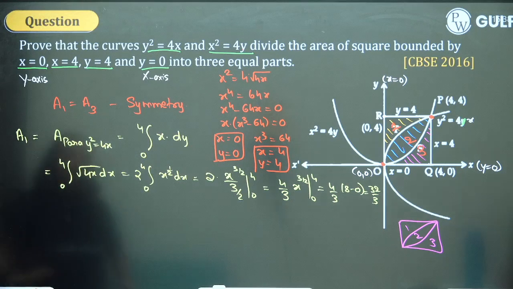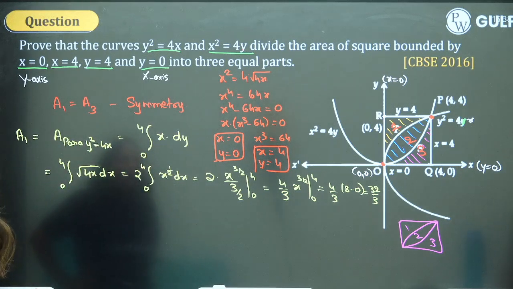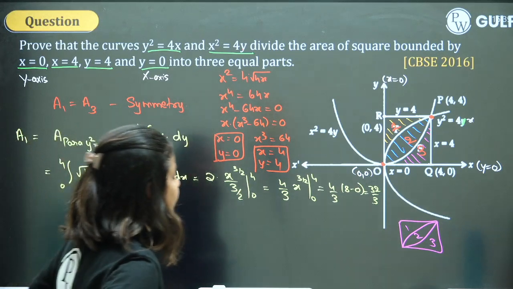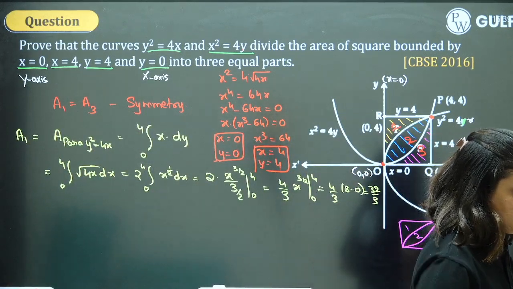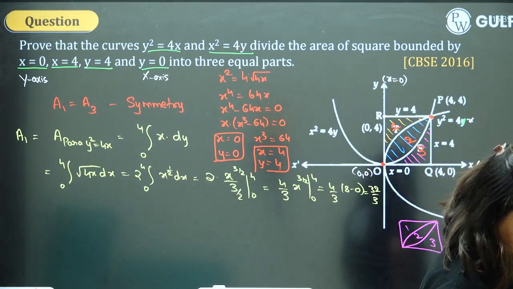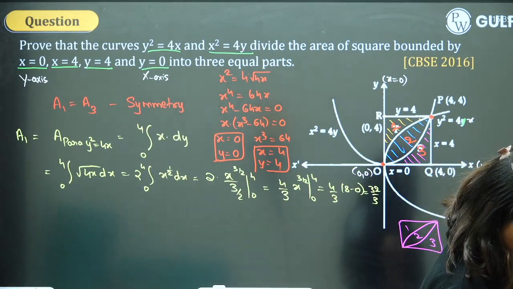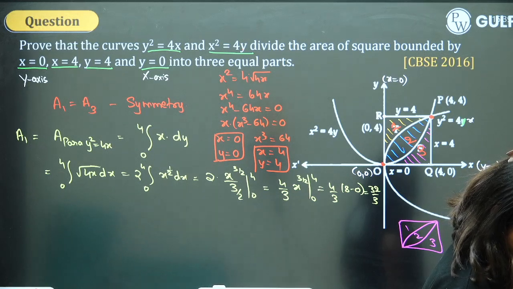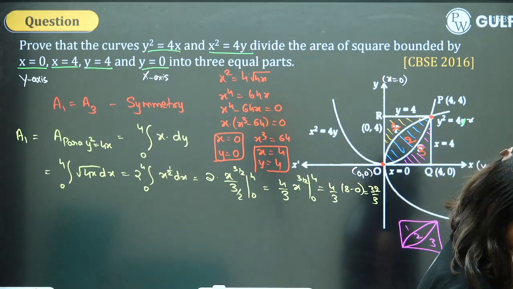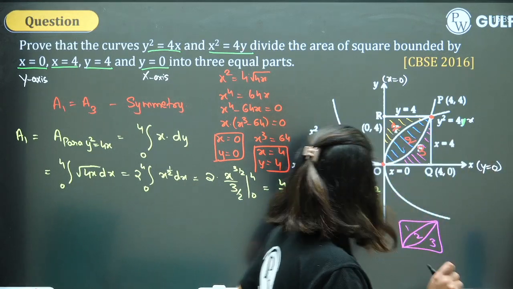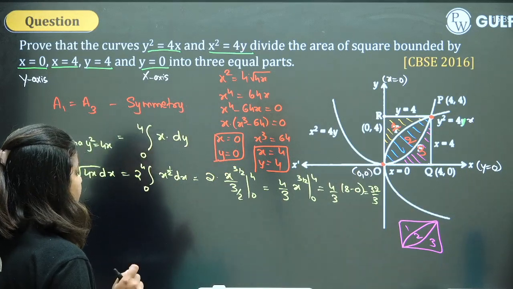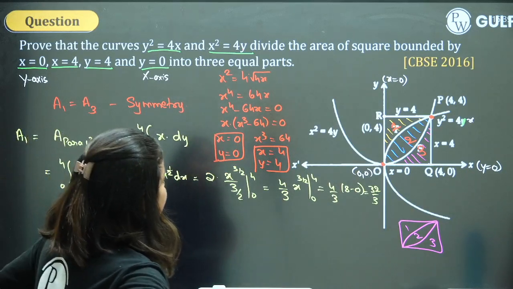Let me check once. y square equal to 4x. We did integration x dy, right? 0 to 4.